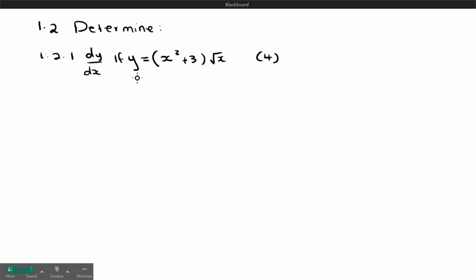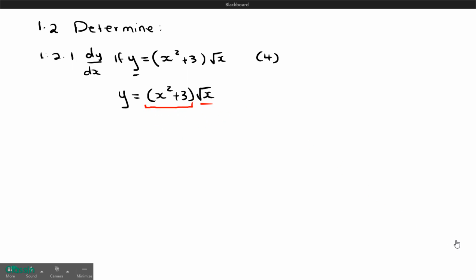Now, let's take this equation of y and work it out first before we can do our derivative. When we say y is equal to x squared plus 3 times root of x, remember that in this case, root of x is a common factor to this bracket.